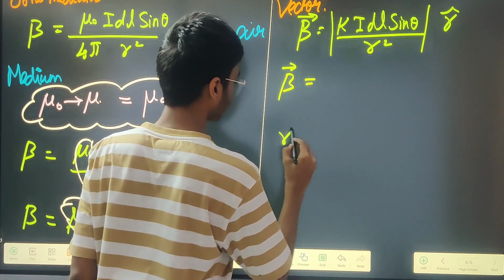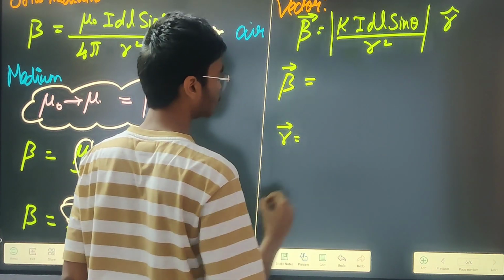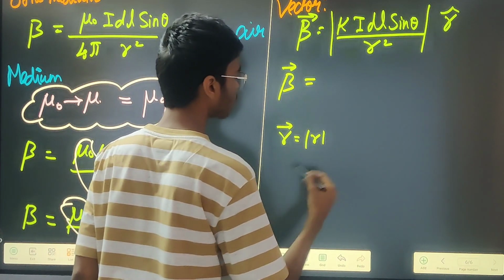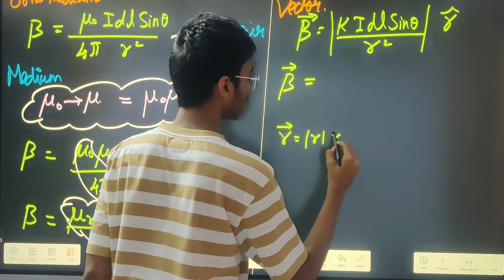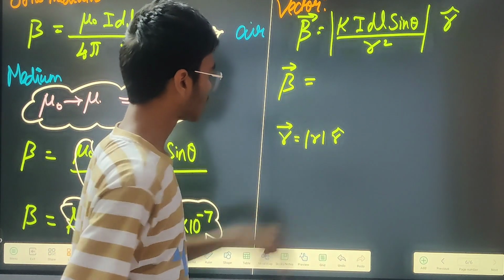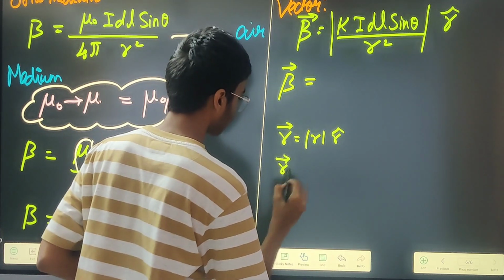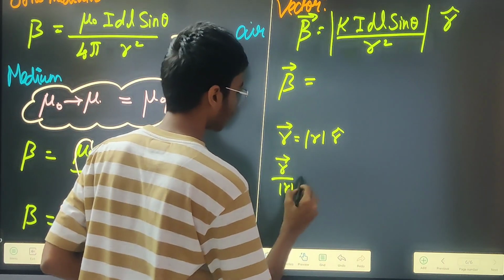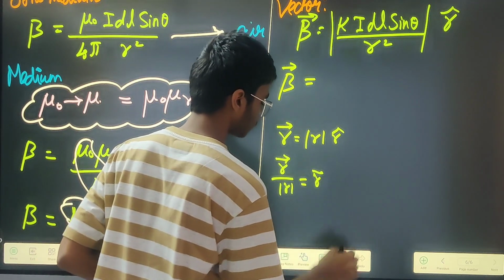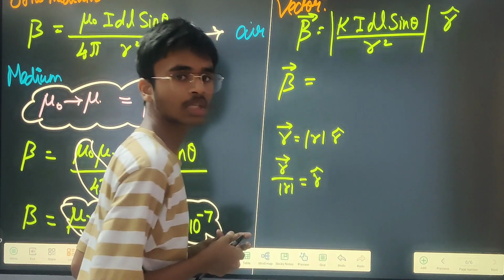See, for any vector, for example r vector is equal to modulus of r into r cap. So r cap is equal to r vector by modulus of r.